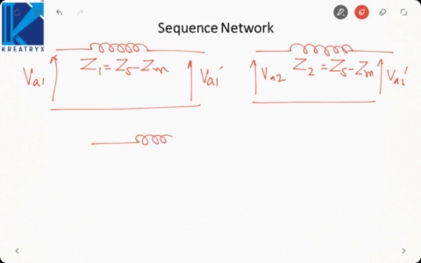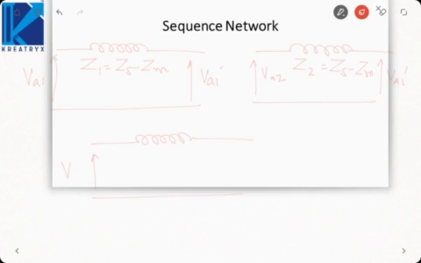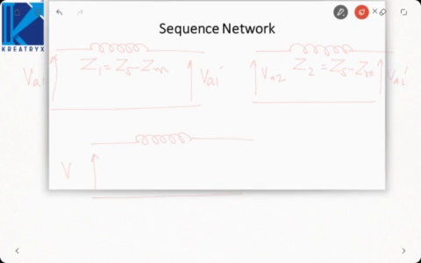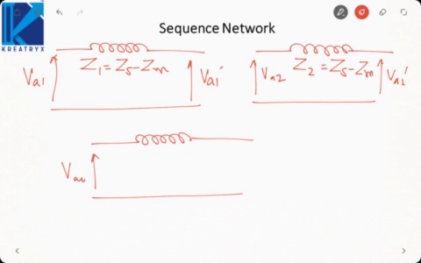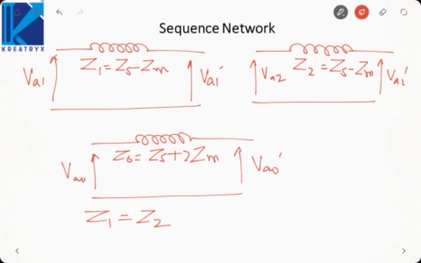Then zero sequence will have VA0, VA0 dash, Z0 will be Zs plus 2Zm. So here Z1 is equal to Z2 and Z0 is typically 3 times the Z1. Okay, so that is the relation between sequence impedances of a transmission line.